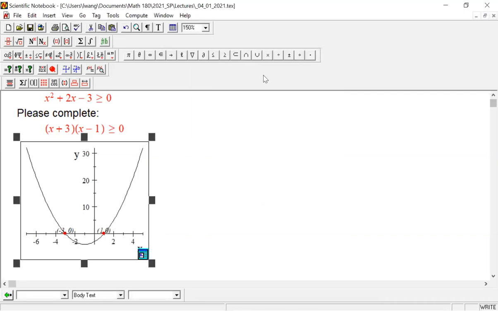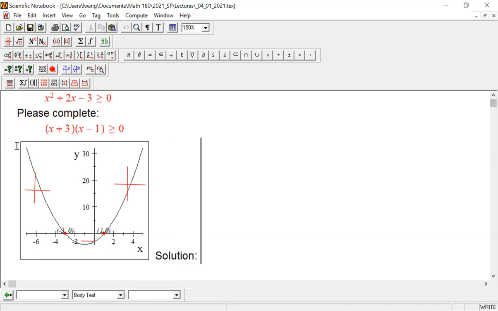So by this time, you may also like to mark something like, this piece is a positive, this piece is a positive, this piece is a negative, right? To show the picture. And then you will say the solution.